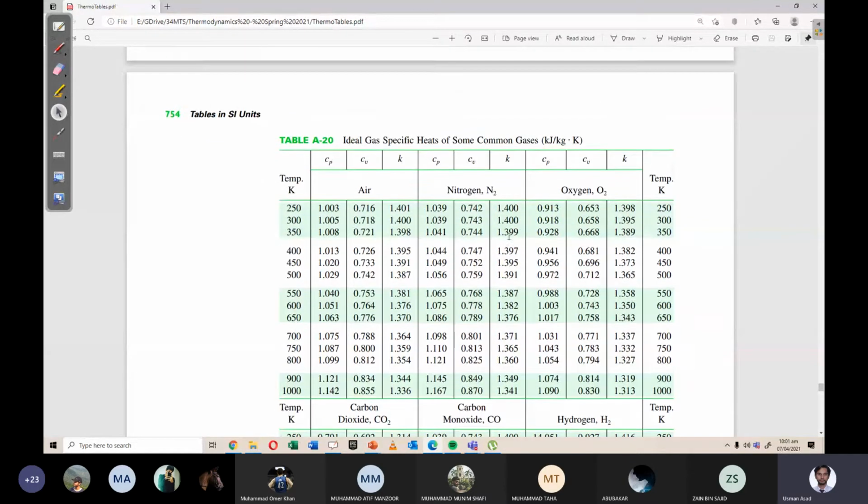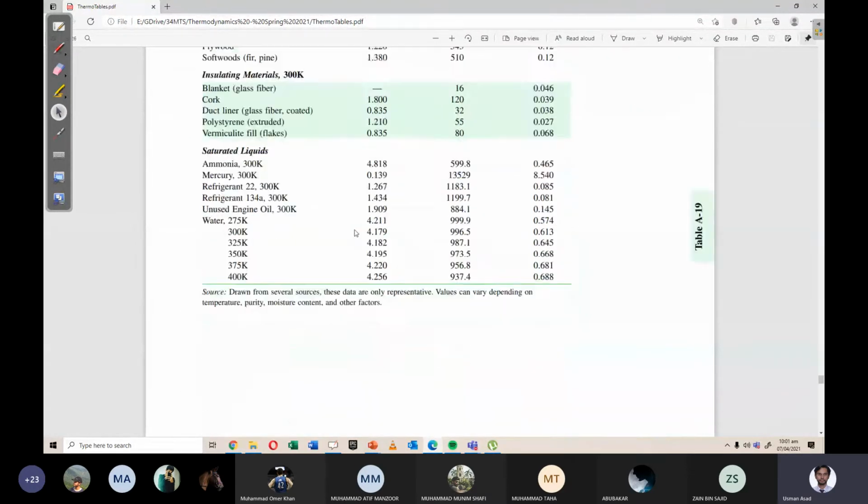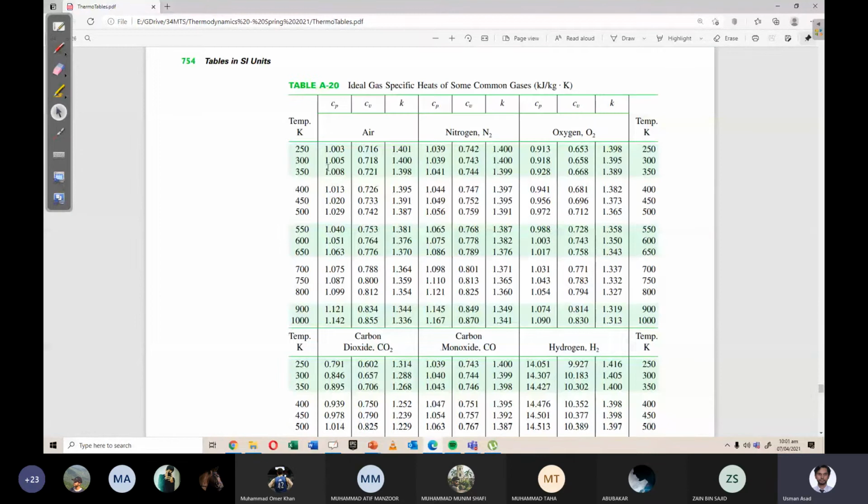ठीक है. Honestly, R के case में R is a constant, so you don't even need to tabulate it. ऊपर कहीं है? ऊपर भी कहीं नहीं है. But the thing is that R is just the difference between CP and CV, right? But I'm gonna keep this open because we might need this again in a bit.